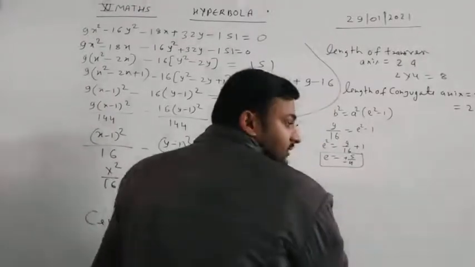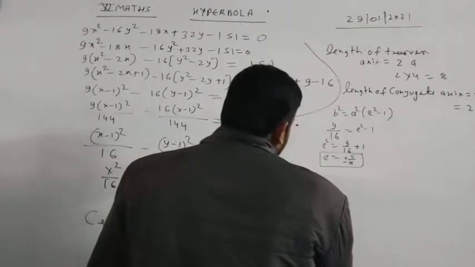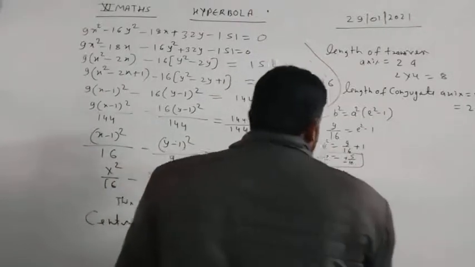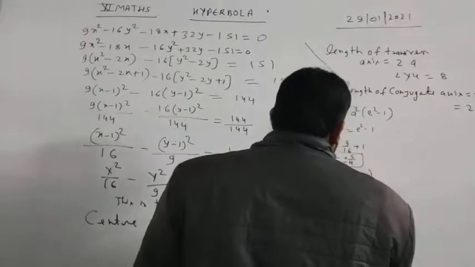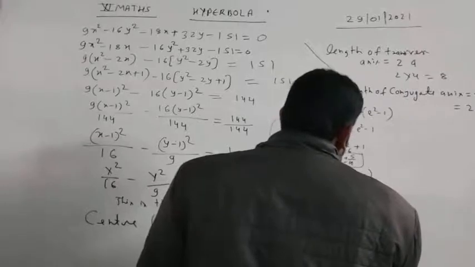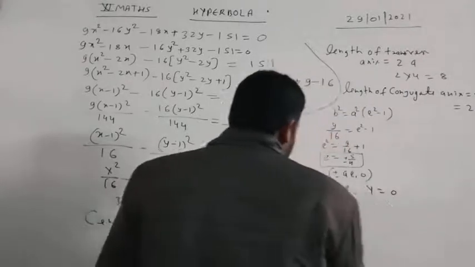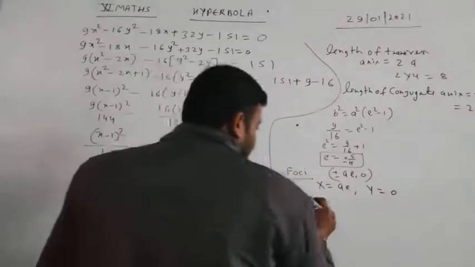Now we find the foci. Our foci are (plus or minus ae, 0), where capital X is plus or minus ae and capital Y is equal to 0. So our X is x minus 1.